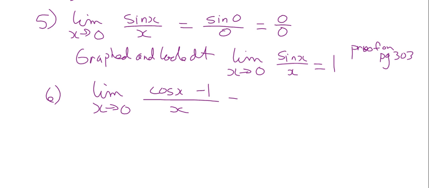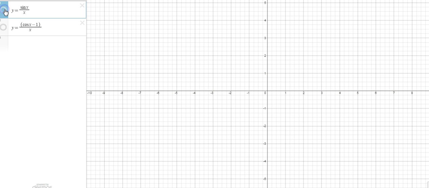Well, we're going to do cos 0 minus 1 over 0, which is 0 over 0, which begs further review. And there's the graph of cos x minus 1 over x. How are we supposed to figure out the answer to the previous question if we don't have a graph calculator?